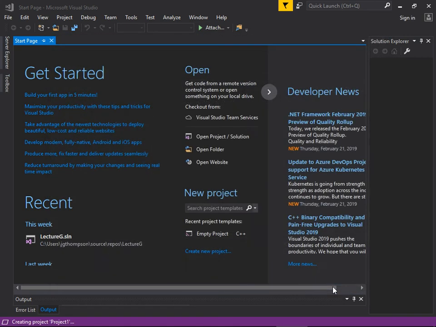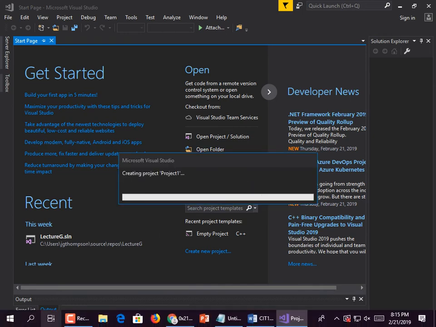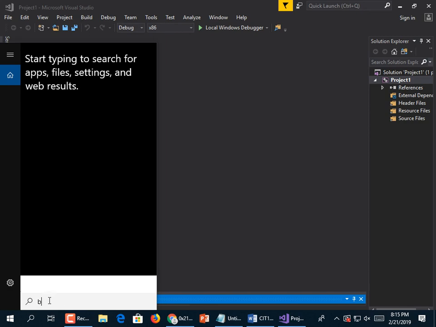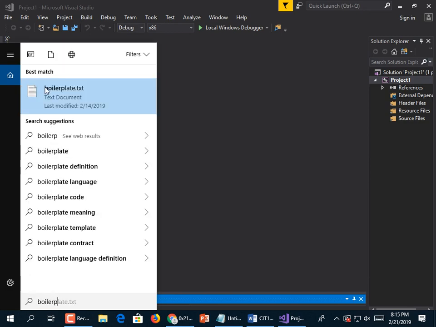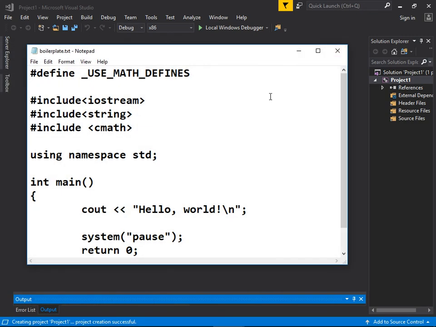So empty project. Y'all don't have to do this. You can just watch me do it. You say we don't have to do it? Nah, because we've already done the worksheet.